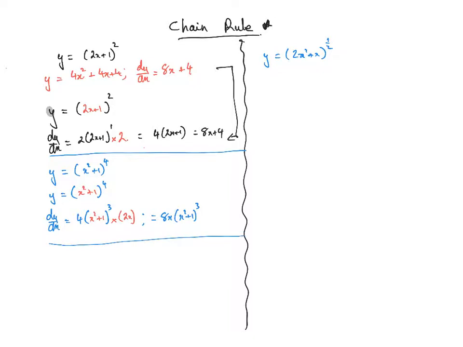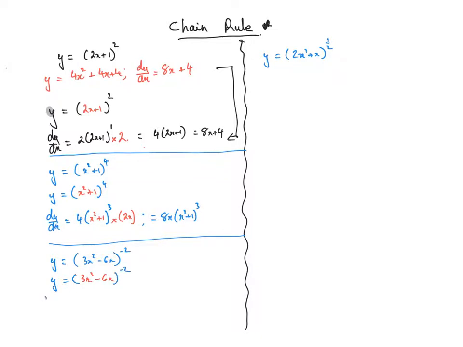Let's try another one. What if we have y equals 3x squared minus 6x, say, to the power of negative 2? What does that mean? Exactly the same thing. I'll rewrite it with the colours there, just to make it obvious. There's my 3x squared minus 6x to the negative 2.